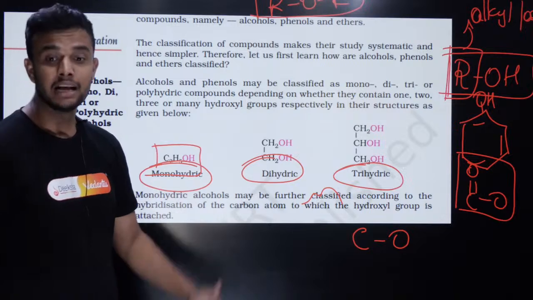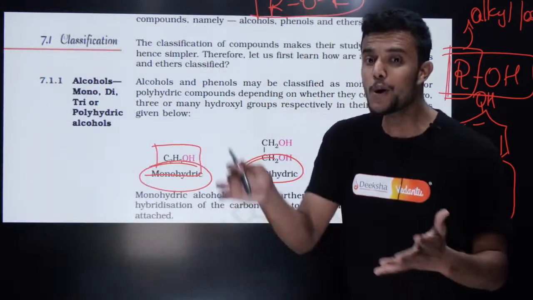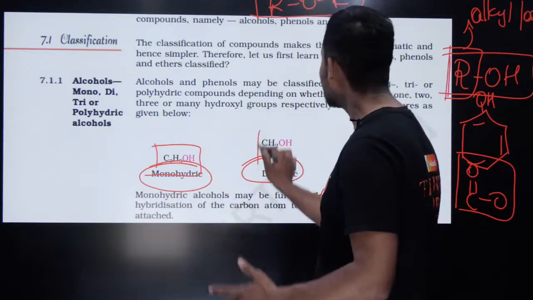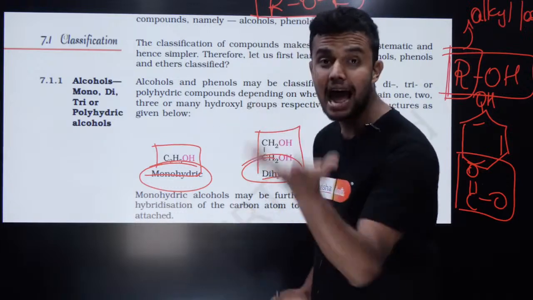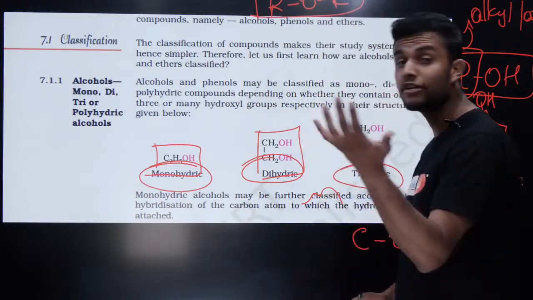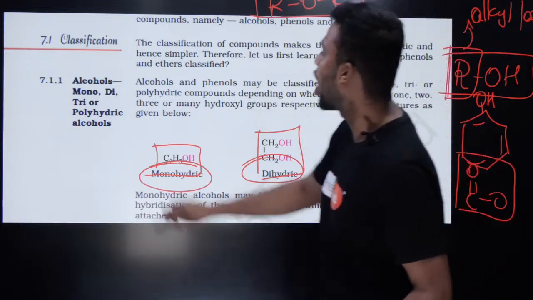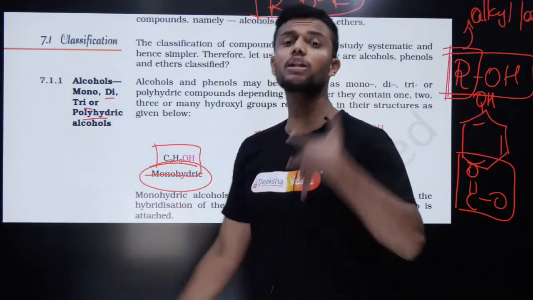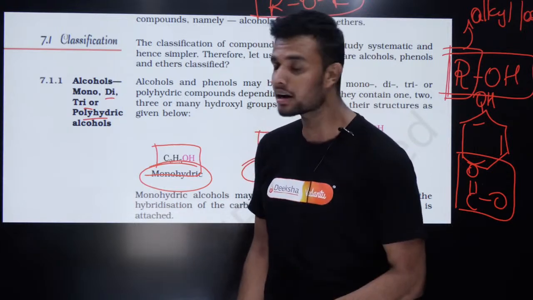Similarly, if two OH groups are present, then these alcohols are called dihydric alcohols. Similarly, if three are present, trihydric. Very simple: mono, di, tri, and poly means more than three. If it has four or more alcoholic groups, then these are called polyhydric alcohols.